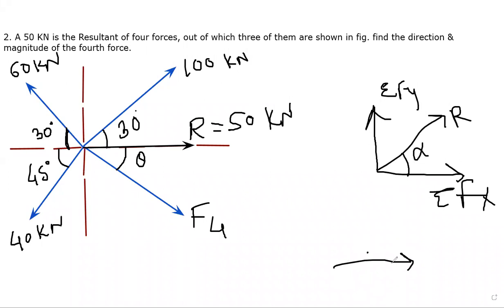So R and Fx are along the x-axis. Summation Fy is equal to 0, and summation Fx is equal to R.